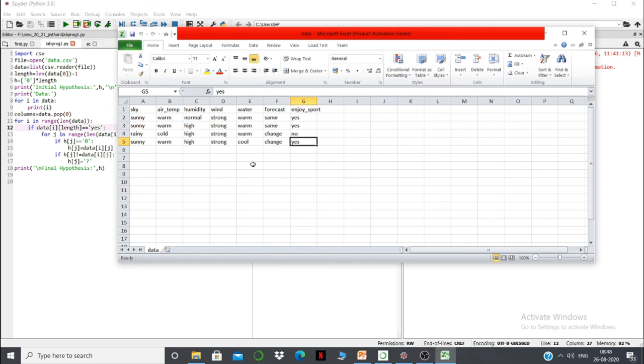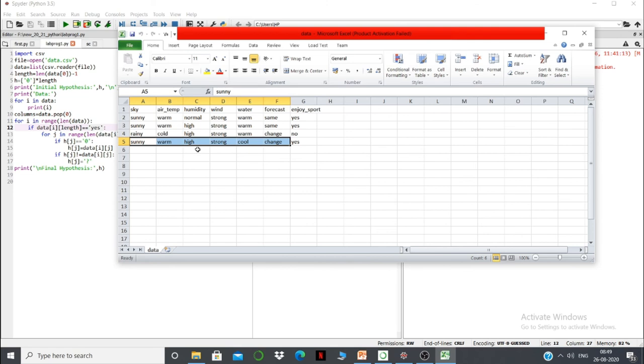It checks whether the target concept in the data set is yes or no. Yes, it is yes. Now the fourth training example will be compared with the previously generated hypothesis. Sunny, sunny, yes. Warm, already it has become a question mark, warm, warm, it remains the same.